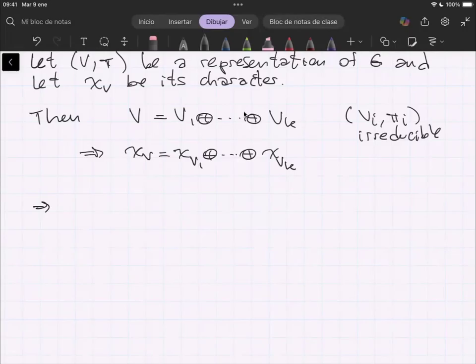So we have this decomposition of our characters. Now we use that the characters are orthogonal. If we compute the inner product of chi of B with a fixed irreducible character, the character of an irreducible representation, then we get ones or zeros depending on the isomorphism type.